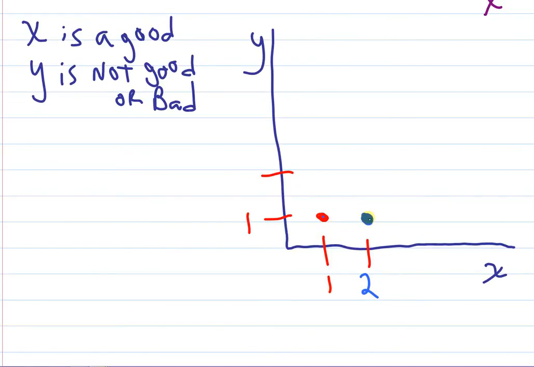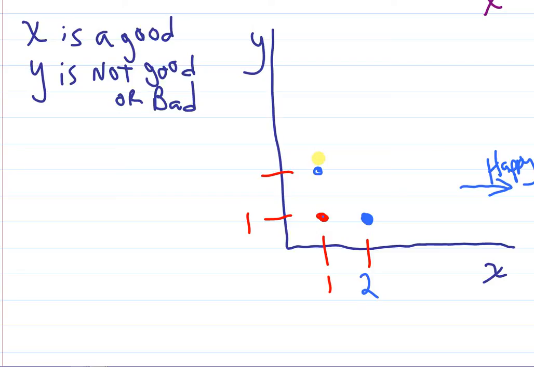So we know that the blue point is on a different indifference curve, and it's on a higher indifference curve. So we get happier in that direction, and in this direction, nothing happens. In the y direction, we don't get happier and we don't get less happy either. So if we want to draw an indifference curve, let's think about this point.